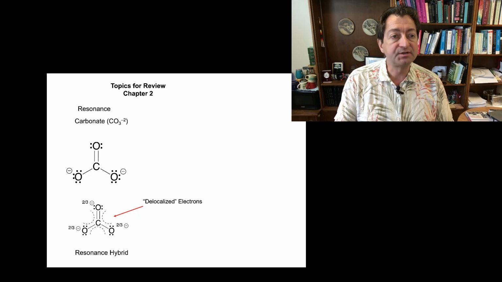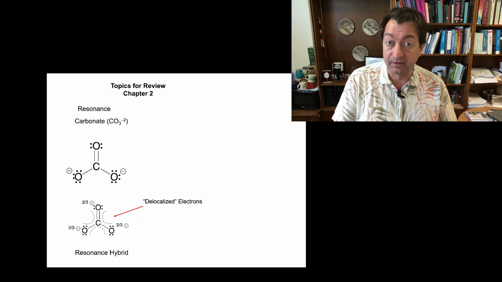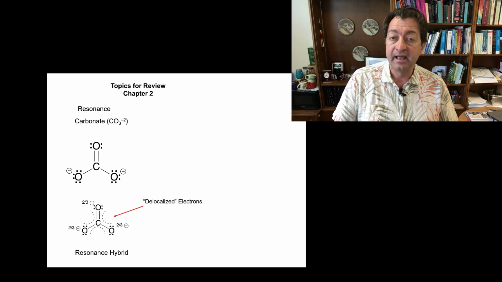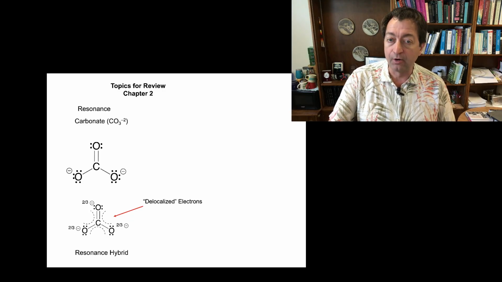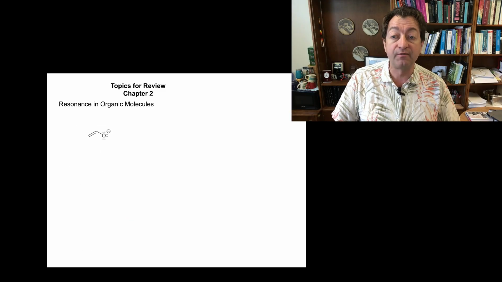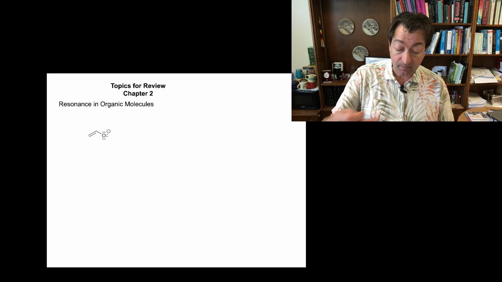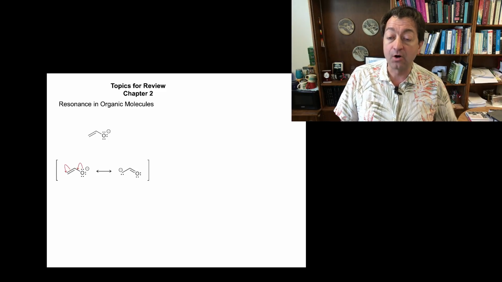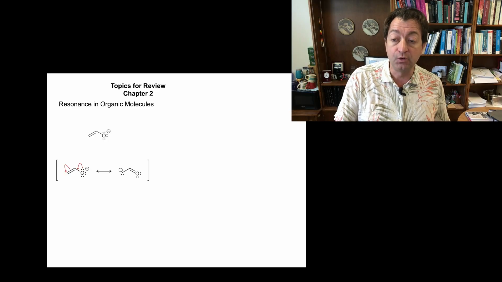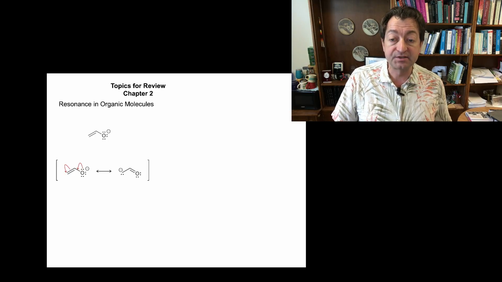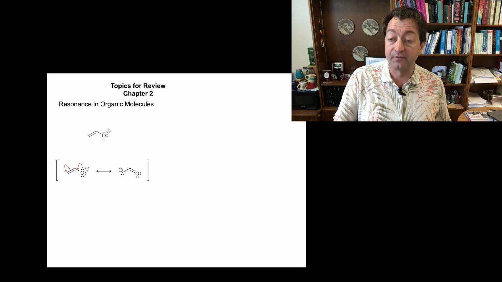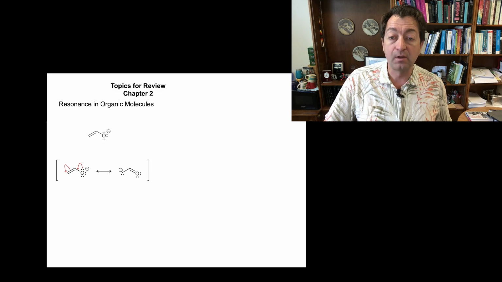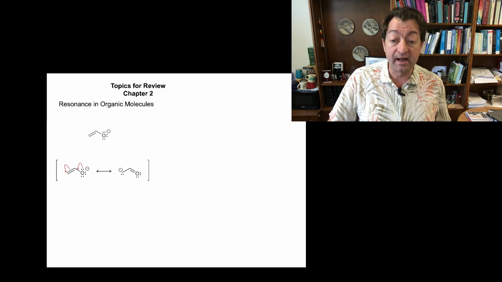Again, these are concepts that we think were touched on or introduced in your general chemistry, and if you're struggling to remember them, you can see some more of that in chapter 2 as well. Here's an organic example where we rely on that concept of resonance, where we've got two contributing resonance structures that we can draw for this oxygen with a minus charge, and we can delocalize that minus charge onto the carbon atom here.